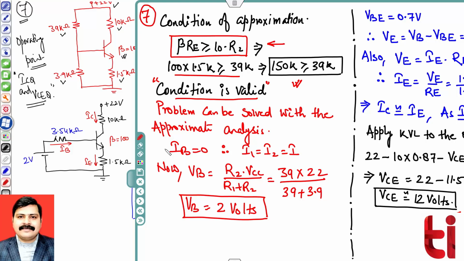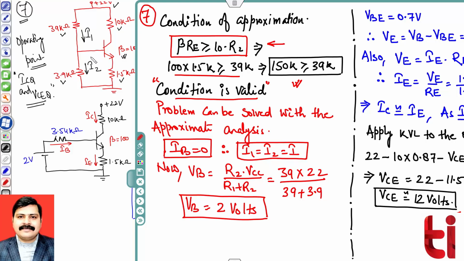What the approximate analysis says is that the value of base current IB is 0. If IB is 0, the entire analysis will be independent of beta. The current flowing through this resistance and the current through this resistance, I1 and I2, will be equal, and the base current IB will be 0.